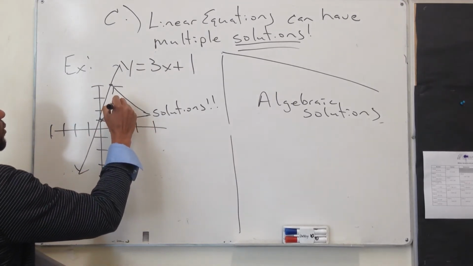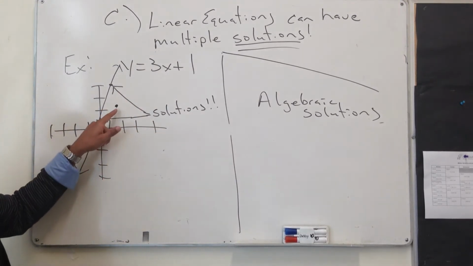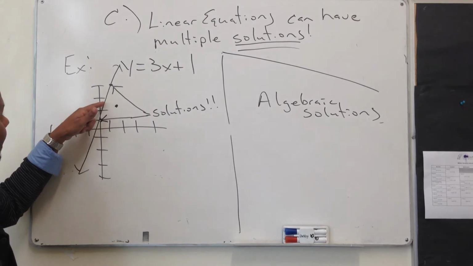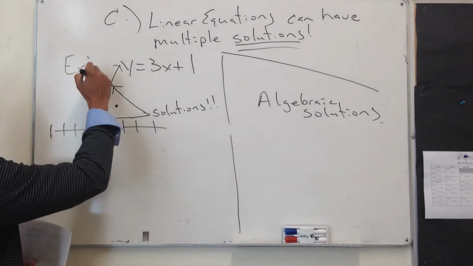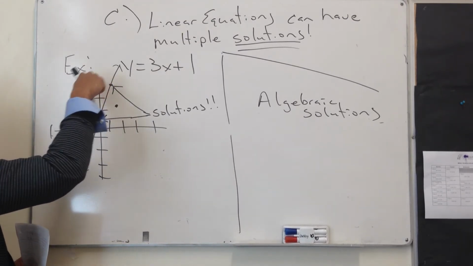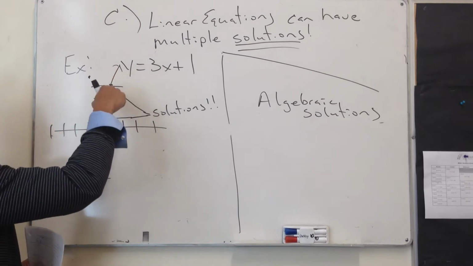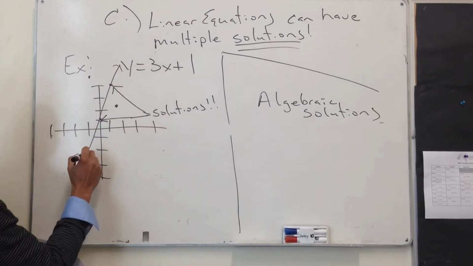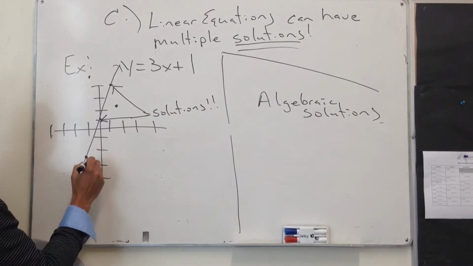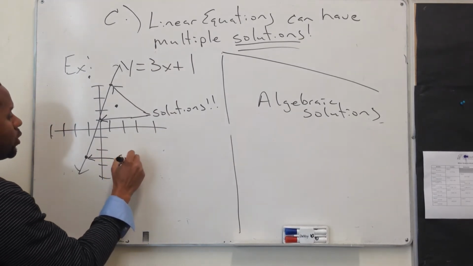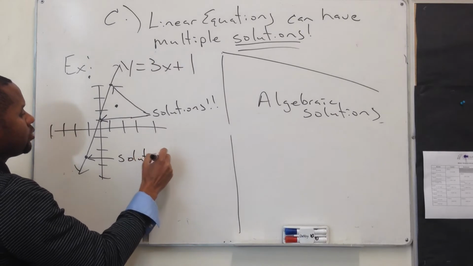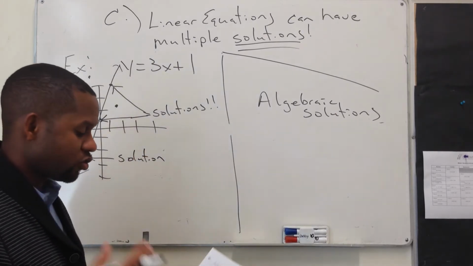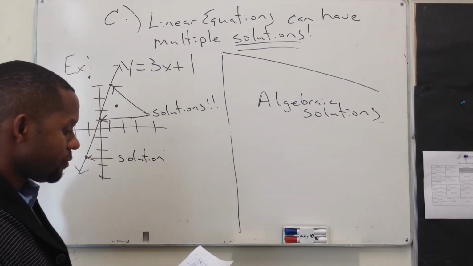If I had a point right here, this point is not a solution because it's not on the line. If I have a point right here, this is not a solution because it's not on the line. This point is on the line, so it's a solution. This point is on the line, so it's a solution. This point is on the line, so this point would also be a solution. So try to make that connection.